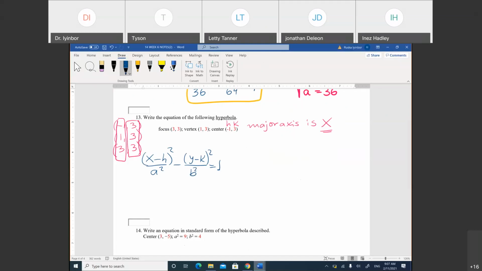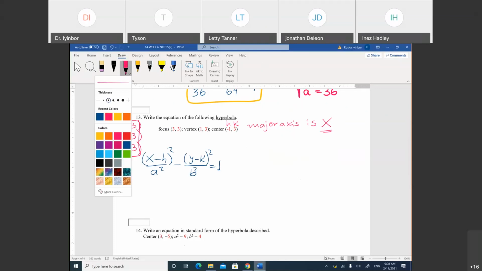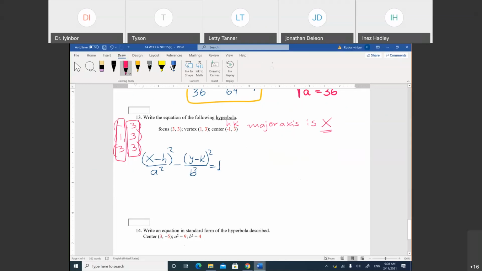Now, we have H and K, so you can just plug it in. H is -1, right? We're going to put -1 here. And K is 3. So I'm going to replace H with -1. K is going to be 3. I have this ready. Okay, I'm going to replace H and K. I need to find what is A and B. Okay, so how am I going to find A and B? Let's see what is given.